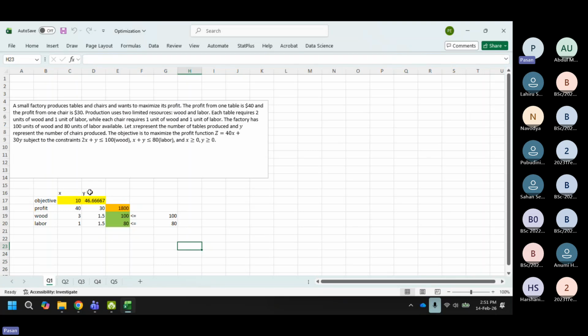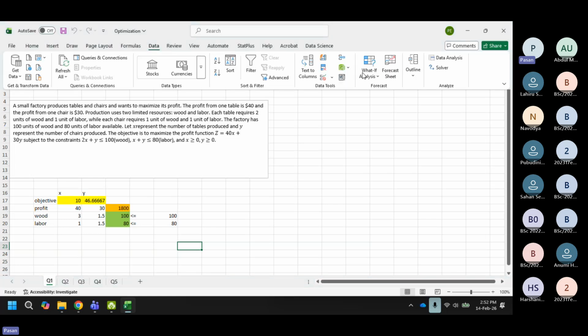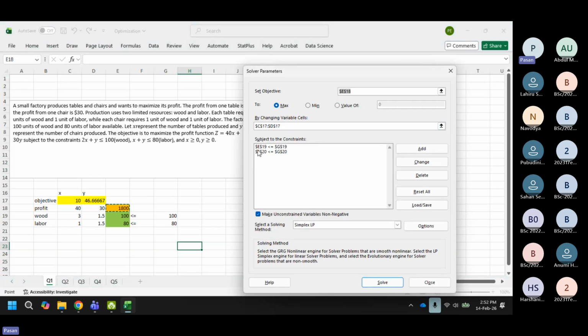Now in terms of reducing the chairs, 46.66 chairs doesn't make sense, right? It is either 46 chairs or 47 chairs. So we have to check on that, as we don't need any decimal points here. That doesn't make much sense. To avoid that, one option we have is that I can go into our solver here, and I can add an additional constraint here.